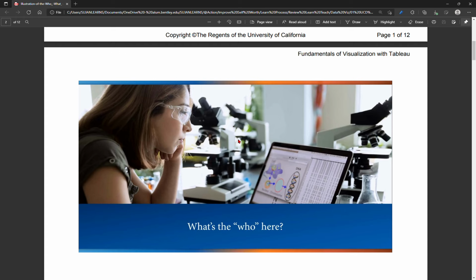Now, looking at this course, who are the people, the stakeholders here in this chemistry course? There are three potential stakeholders or audiences. One, the chemistry department who created this course.